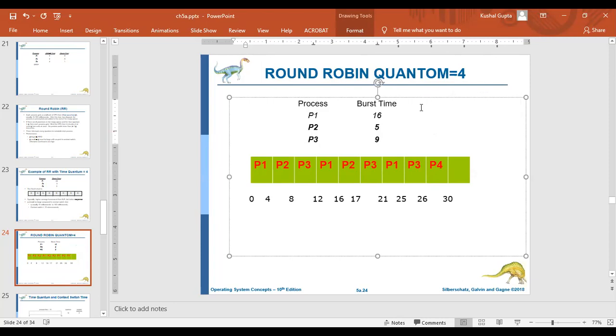Here I am writing the turnaround time, that is TAT, and waiting time, WT.